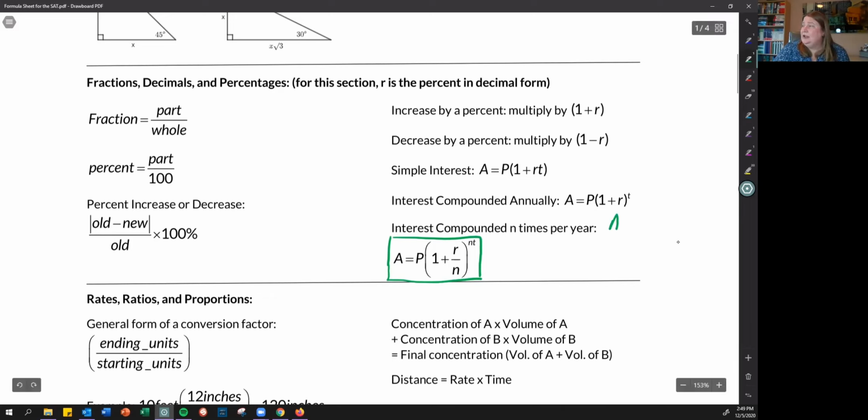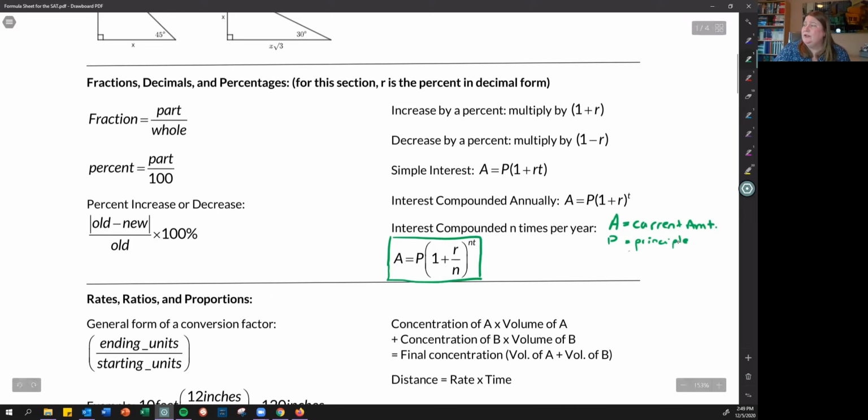Let me make sure that you know what everything on here means. So A is like the current amount. P is for principal. That doesn't really make much sense in this question that we're about to do because it's not about money. Principal is the amount of money that you start a bank account with.